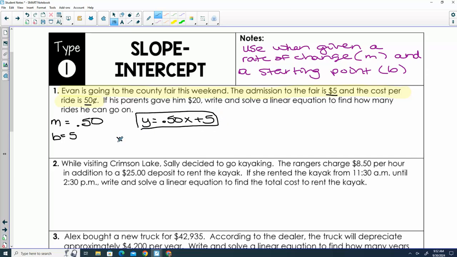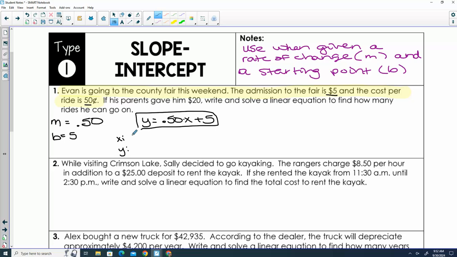Can you tell me what x and y represent in this problem? What would x be? Well, look at our equation. y equals mx plus b. My slope was 0.50. I paid that for every ride, and it was multiplied with x. So what do you think x is?